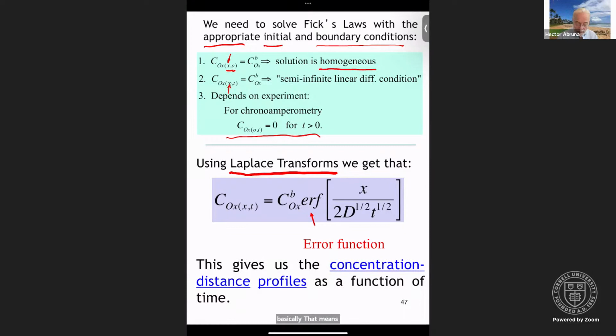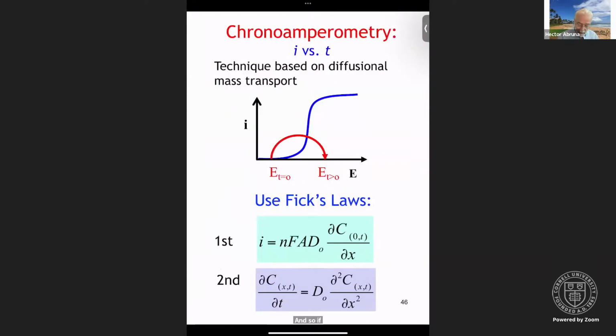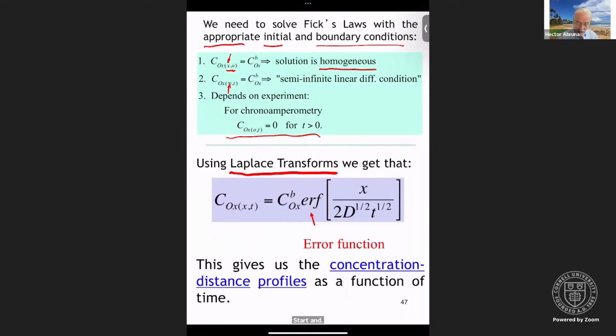And so if we apply the Laplace transforms to Fick's laws of diffusion, we get the following expression: the concentration of Ox as a function of distance and time equals the bulk concentration times the error function of x, which is distance, diffusion coefficient, and time. And so what does this provide you?